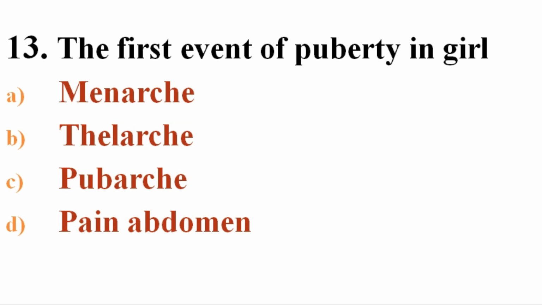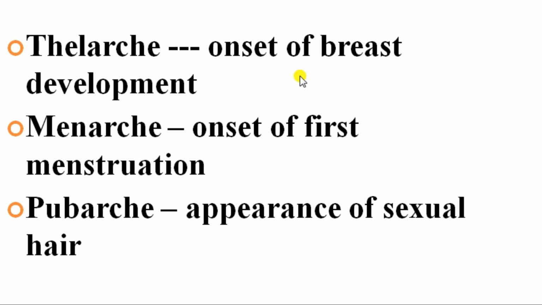So what is telarche? Telarche is the onset of breast development, the beginning of the breast development or breast buds. It is the first sign of the beginning of the puberty that typically occurs by about the age of 13 years. So it is the first sign of puberty in a girl.